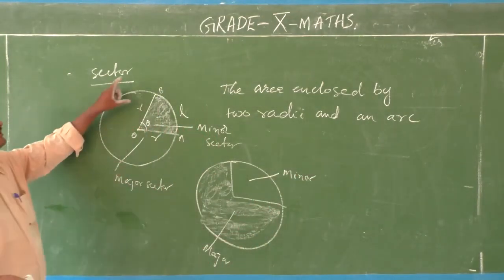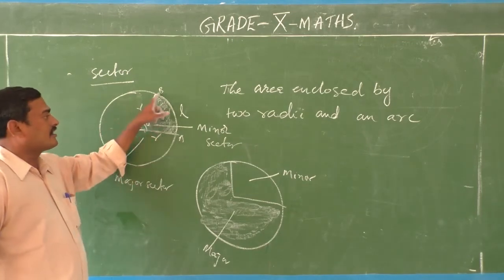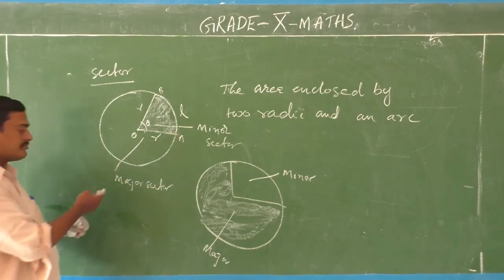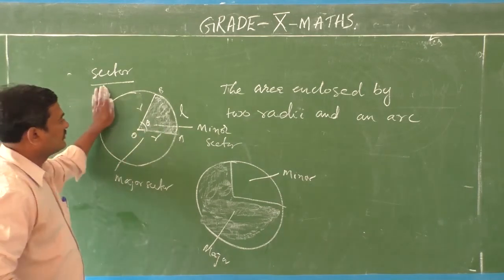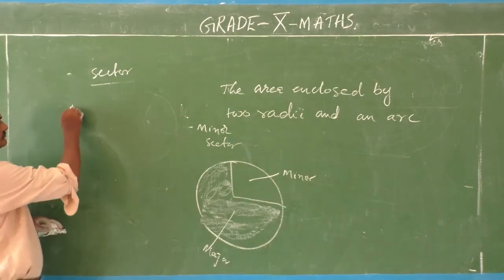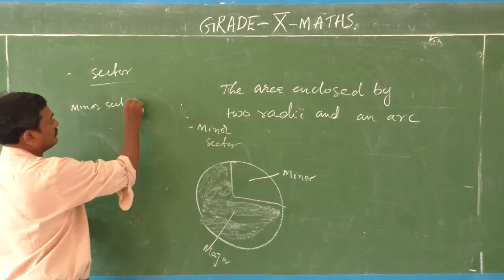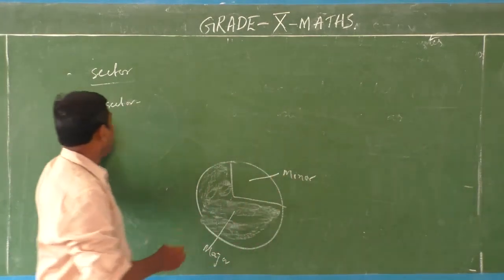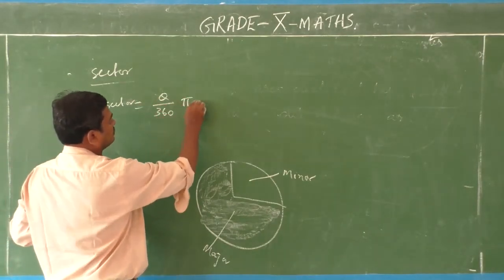How can you define a sector? The area enclosed by two radii and an arc is called the area of the sector. So this is the major sector, and this is the minor sector. What is the minor sector formula? Minor sector equals theta by 360 pi r square.